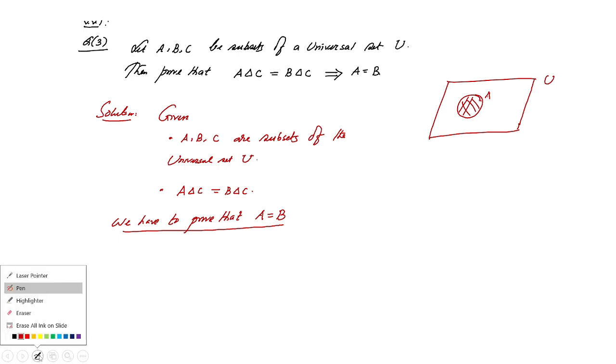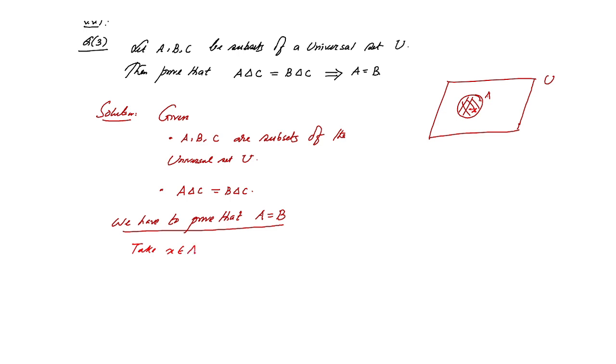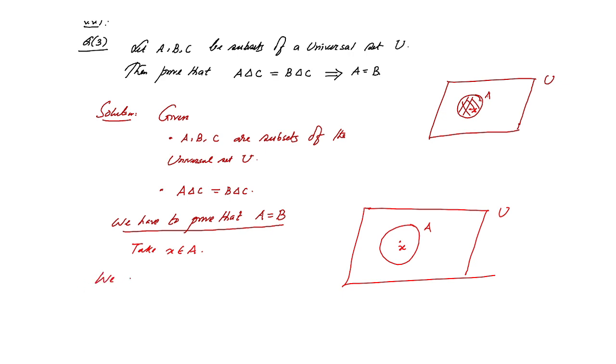So here we will consider two cases. We just take X belongs to A. Take an element X belonging to the set A. Here is the universal set U, and this set is A, and we have taken an element X belonging to A because A is a subset of the universal set. So we shall consider two cases.